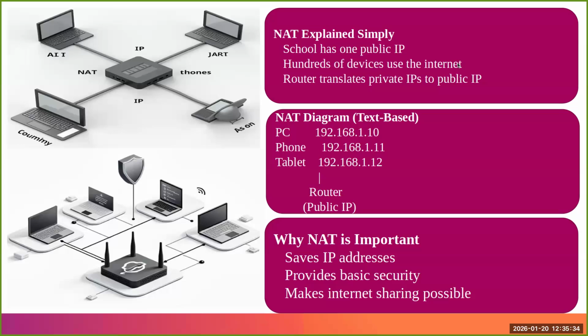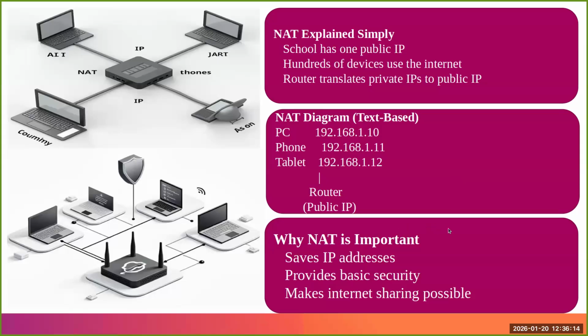Then all our devices, in tens, in 20s, 50s, hundreds, all want to connect, and all should have access to the internet. So our router is the one that does the NAT. All our PCs, phones, and tablets pick IP addresses from our router. These IP addresses they pick are private IP addresses. Then our router has a public IP address at the back that connects it to the internet.